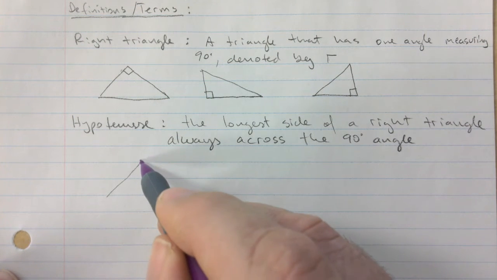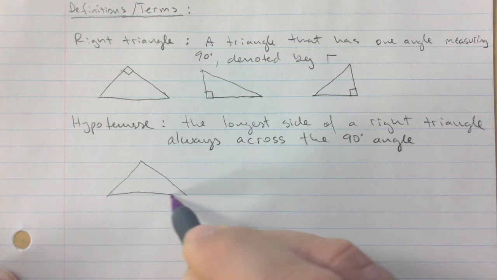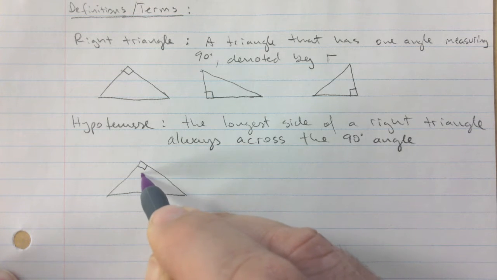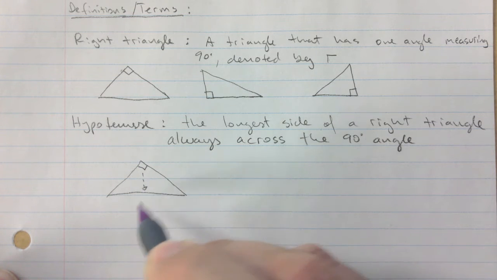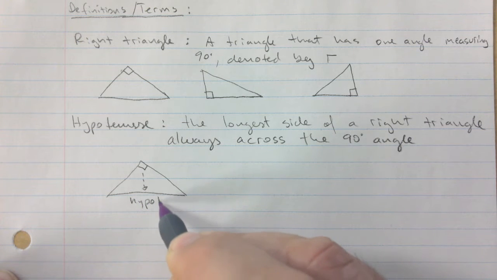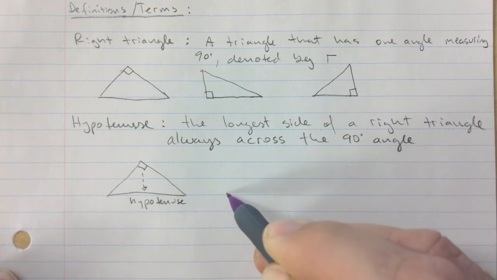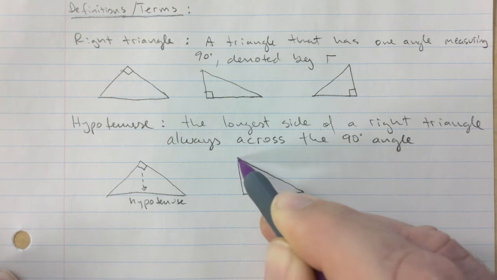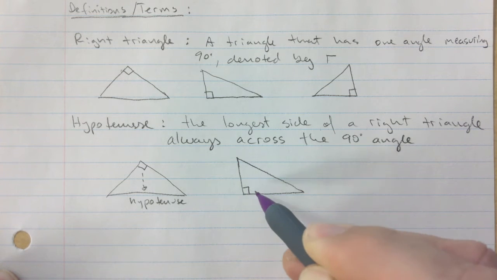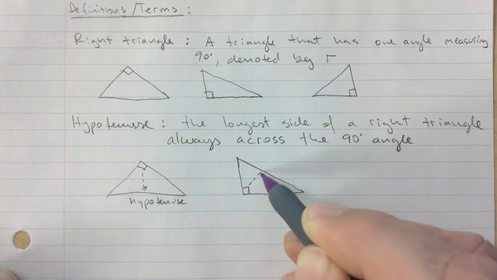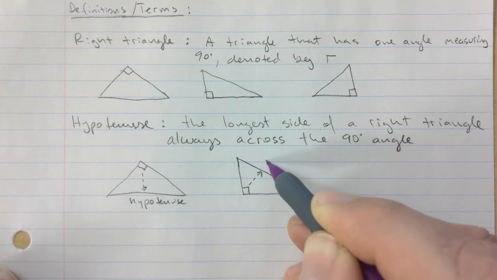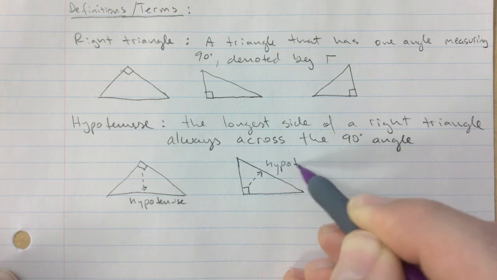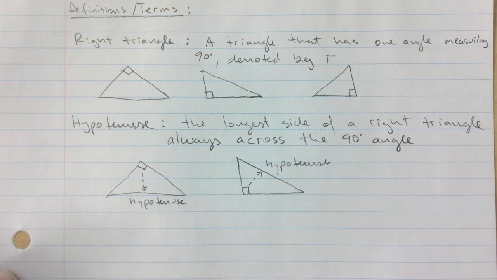So we can actually do this again. Right? This would be your hypotenuse. So when you know where the 90 is, you just move across. Hypotenuse, right?